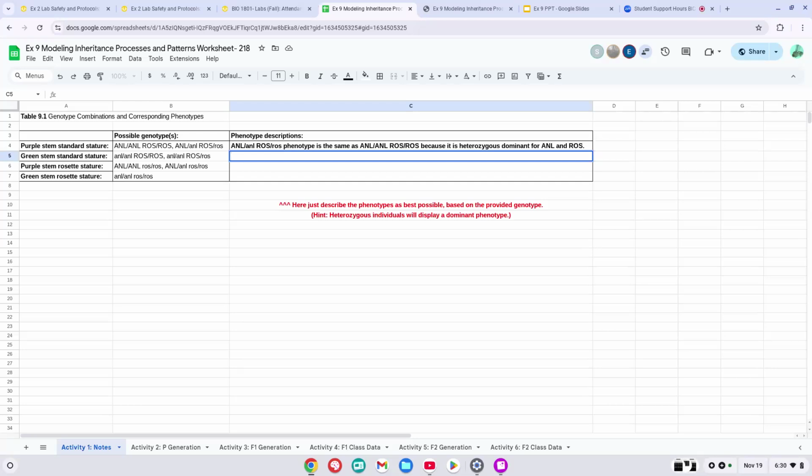Okay, because we're looking at A&L lowercase, okay? And then we could say something about heterozygote dominance here with ROS, ROS, and point out that that's why we have standard stature in both plants, even though they're both homozygous recessive for the traits about a green stem, right?